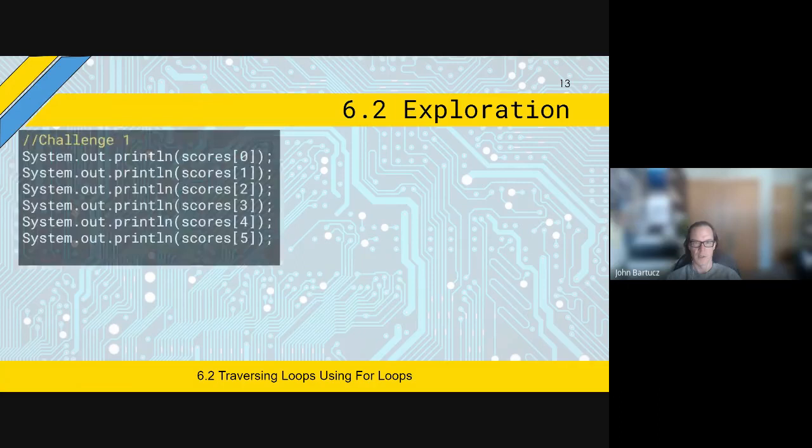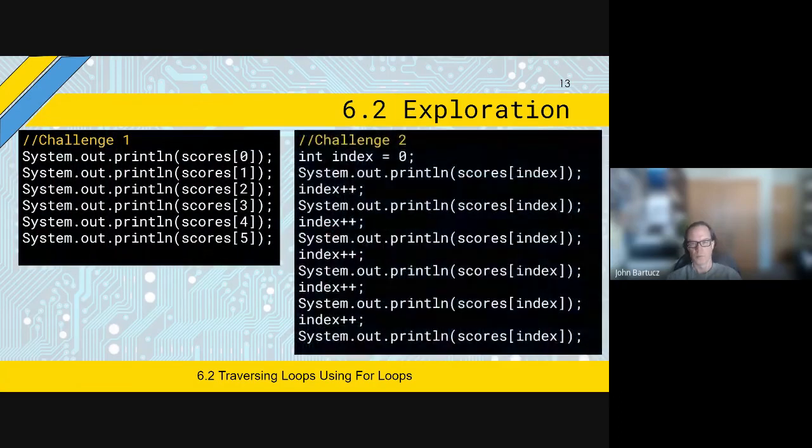So we're not going to do that. But you'll notice the point he's trying to get across here is, what if we wanted to print out all of the elements of that array? It would be really, really annoying, right?